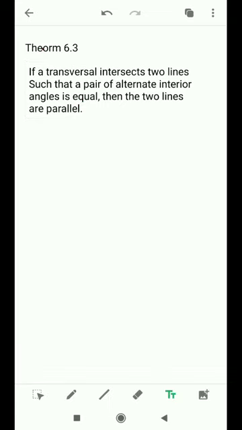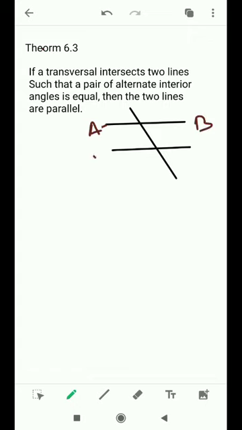So this is the theorem, and the same diagram we need for that. This time lines parallel is not given, that means we have to prove that these two lines are parallel. We will prove. The diagram will be the same, naming also the same. I will give A, B, C, D, and the transversal is PQ.